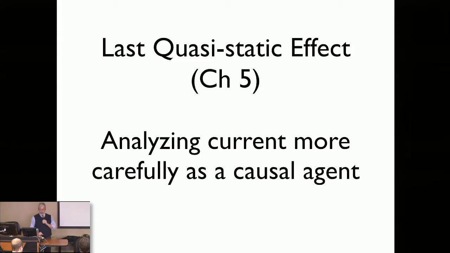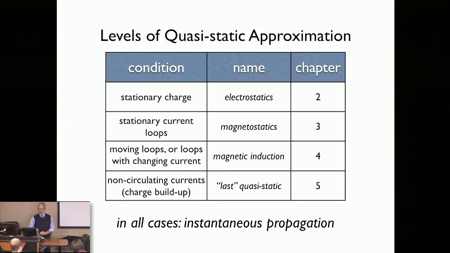So back to chapter 5 and Physics for Realists, E&M. To remind you where we are, chapters 2 through 5 are different approximations that we deal with in order to build up to the full Maxwell's equations.